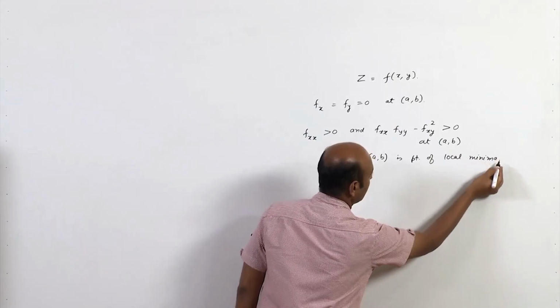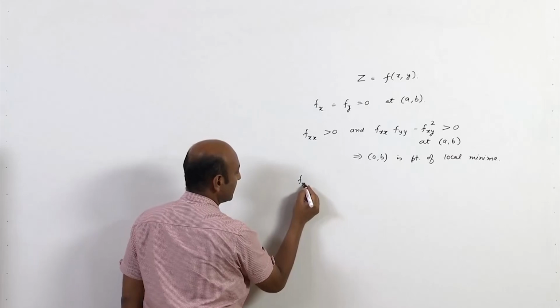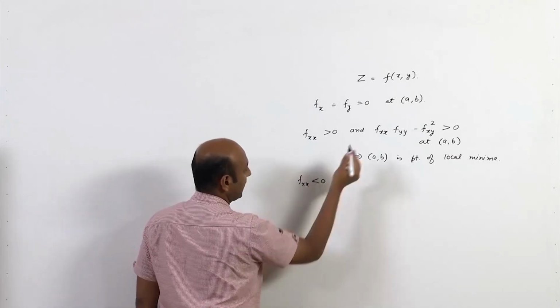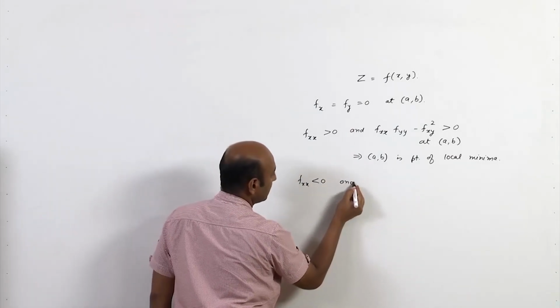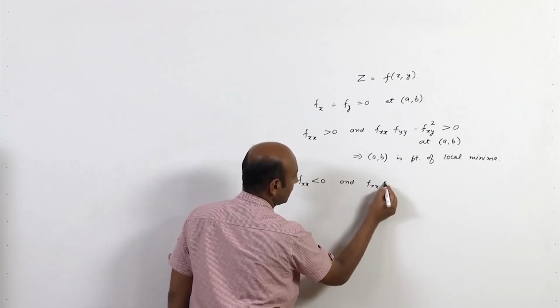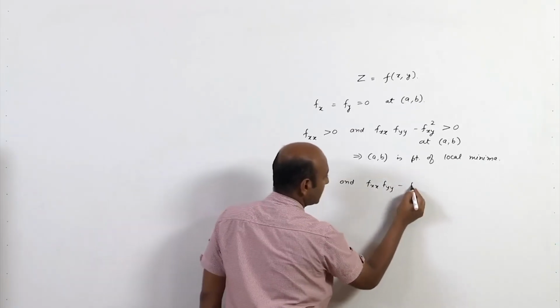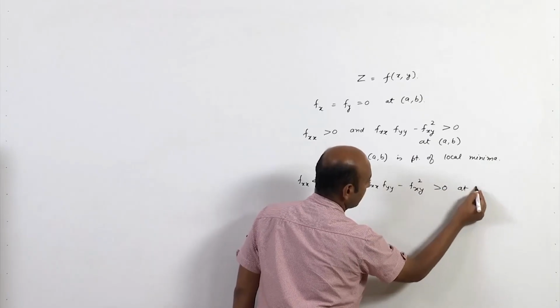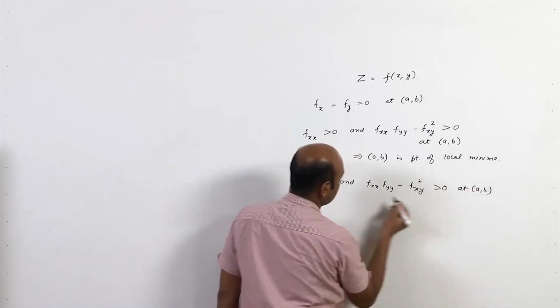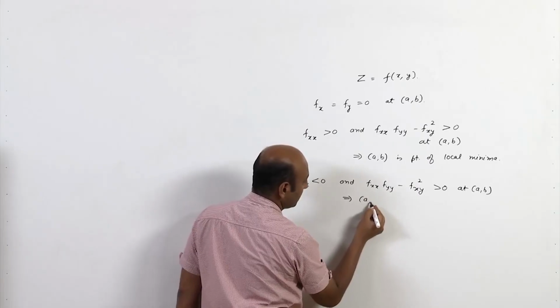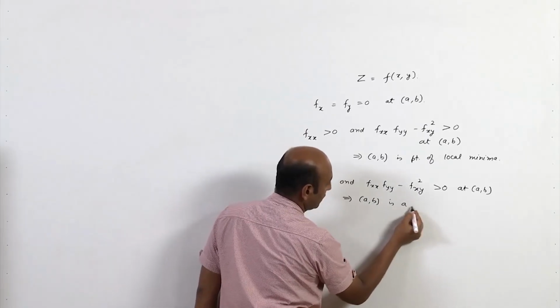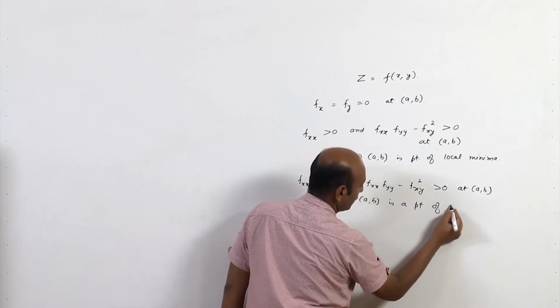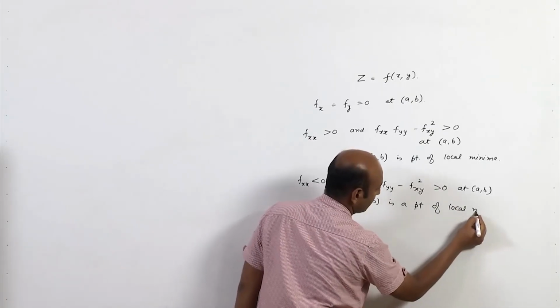Now if fxx is negative at (a, b) and fxx into fyy minus fxy square is positive at (a, b), then this implies (a, b) is a point of local maxima.